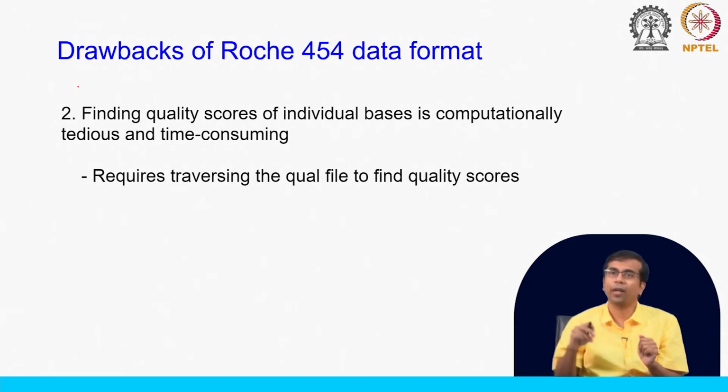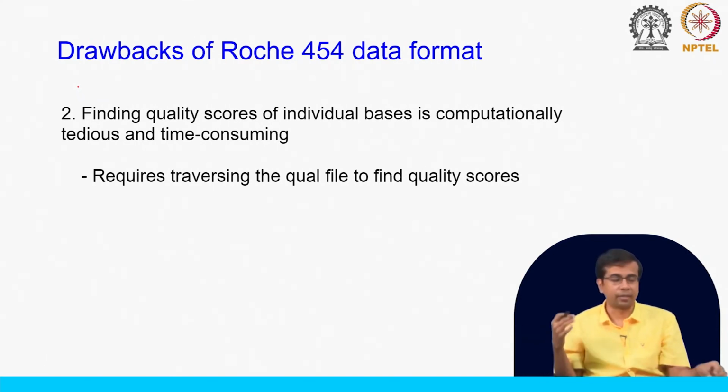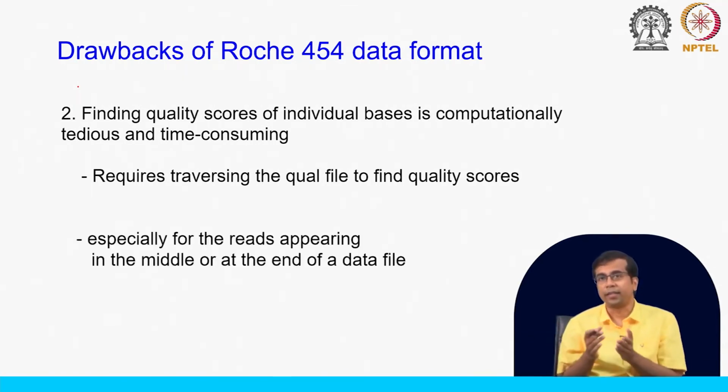It will take a lot of time because every time you read one read sequence, you have to traverse through the quality file to get its quality score. Traversing through the quality file is very, very time consuming. This is especially hard for the reads that appear in the middle or at the end of the sequence file.